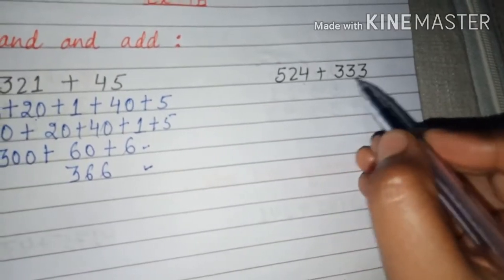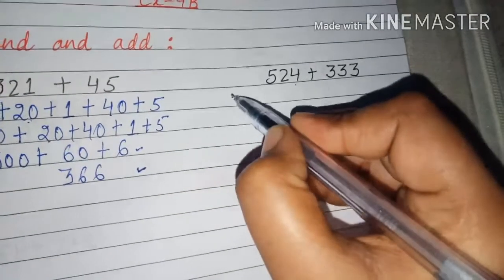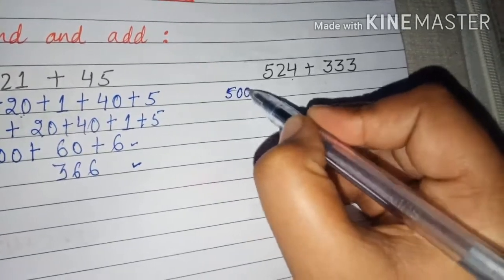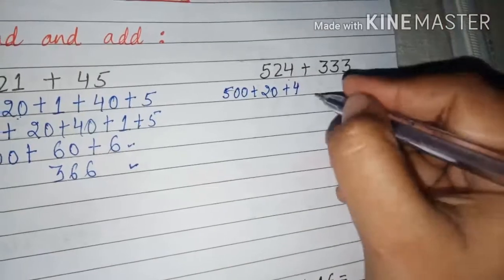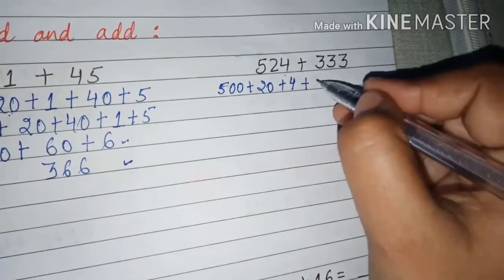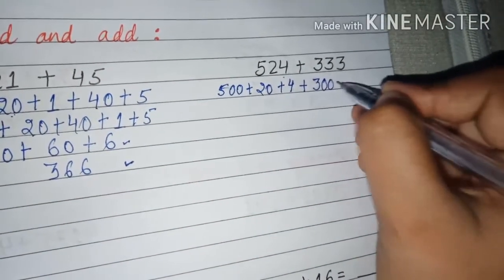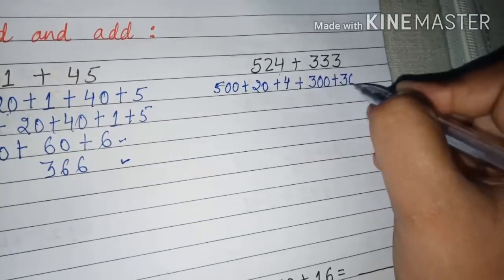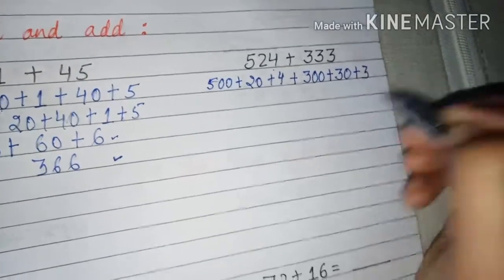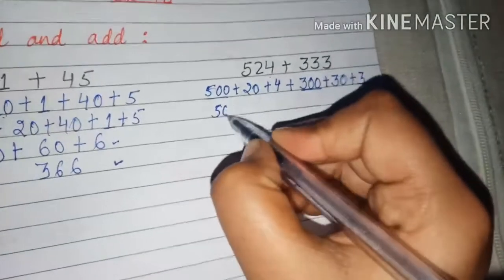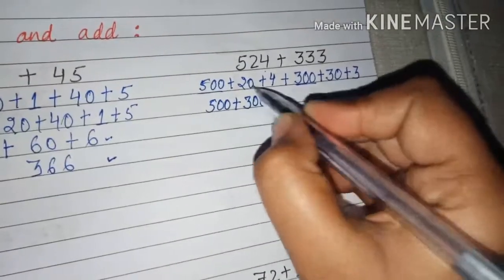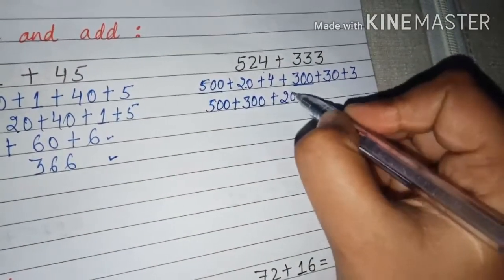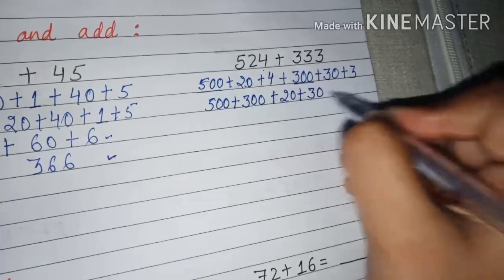Now again I have a different question for you. 524 plus 333. So I have to expand it. 500 plus 20 plus 4, plus 333 which is 300 plus 30 plus 3. Now we have to write the hundreds together, 500 plus 300. Then the tens together, 20 plus 30.